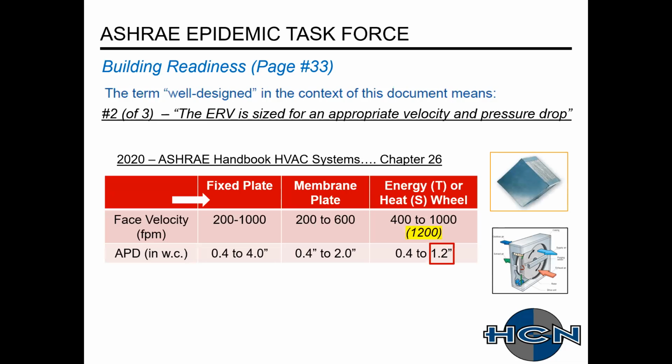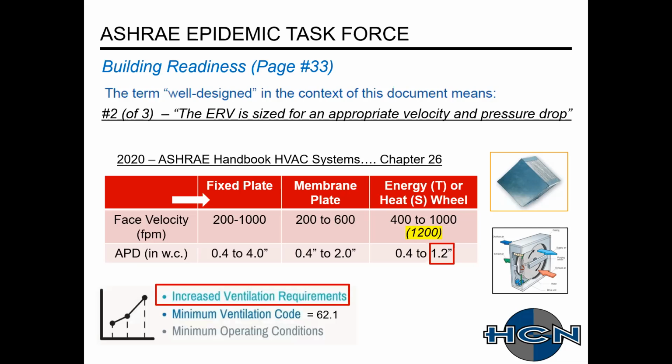Just want to highlight that once again, the wheels are the ones that are primarily used most of the time. And as the wheels get larger, from 50,000 or 70,000 CFM, because of the face area, you can go up to 1,200 feet per minute, and we are still maintaining that maximum air pressure drop of 1.2 inches, all right?